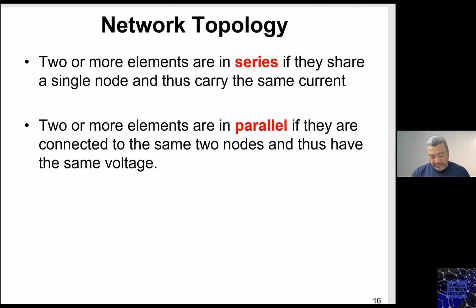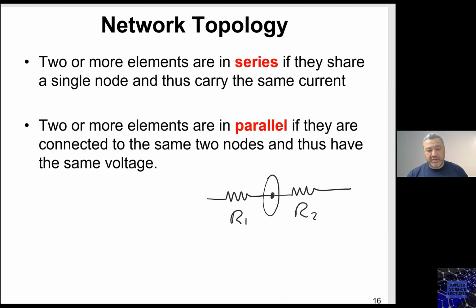So if I have, let's say, this resistor that I am connecting here with this resistor. So this is R1, this is R2, and there are no other components that are sharing this node.